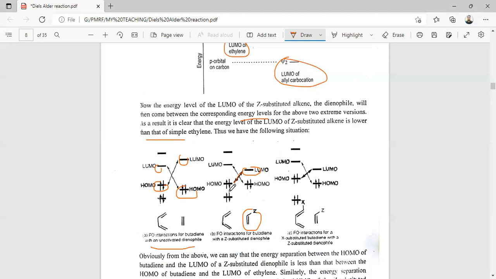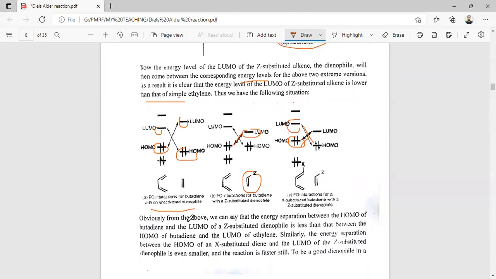That time, the electron withdrawing substituted dienophile will react at a faster rate. And also, when the diene has an X substituent, the HOMO is slightly raised, so that case also the energy gap is lower.